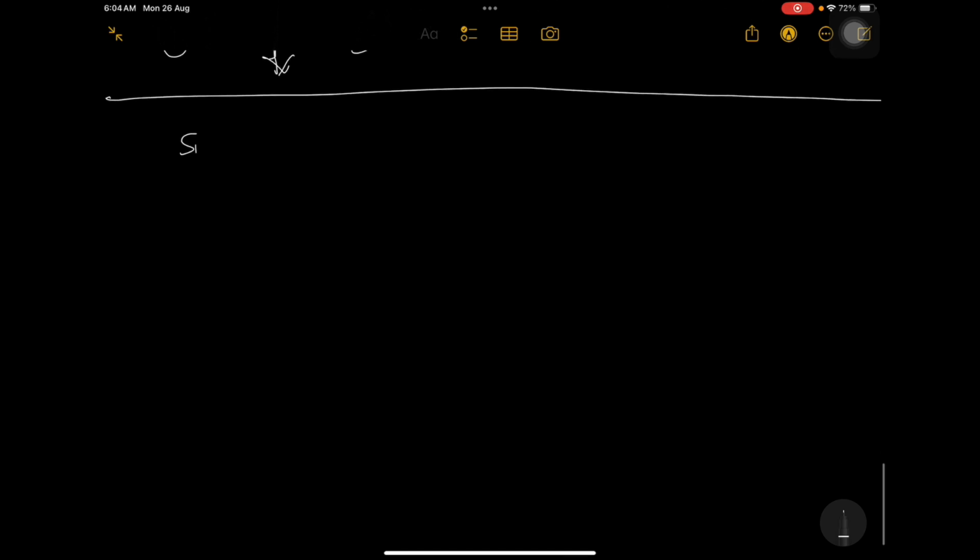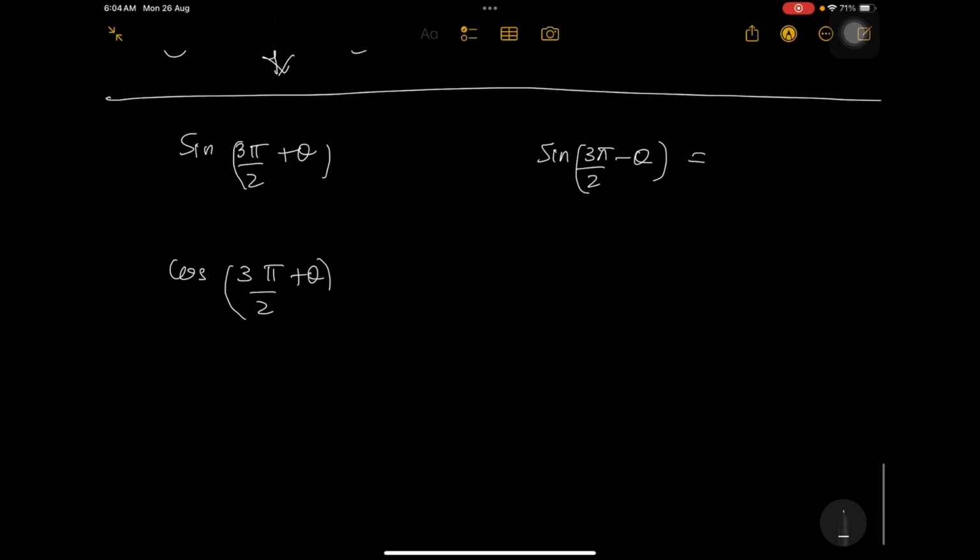So coming up with sine 3 pi by 2 plus theta, sine 3 pi by 2 minus theta, cosine 3 pi by 2 plus theta, sine 3 pi by 2 minus theta.